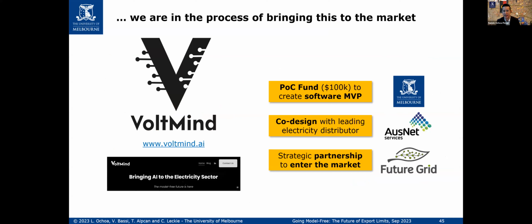It's almost ready, and we are doing this co-design with leading electricity distributor, Osnet Services, that has been a partner throughout many projects, thanks Osnet. And we are in a strategic partnership with a very key player in the smart meter domain, which is Future Grid. It's a company that manages smart meter data for many distribution companies, not just in Australia, but around the world.